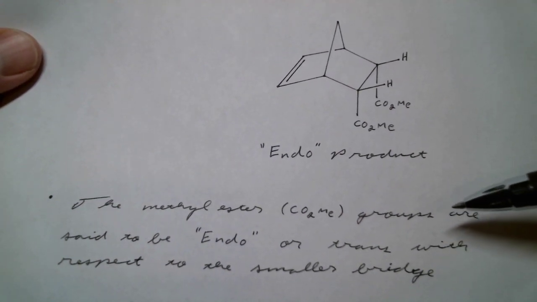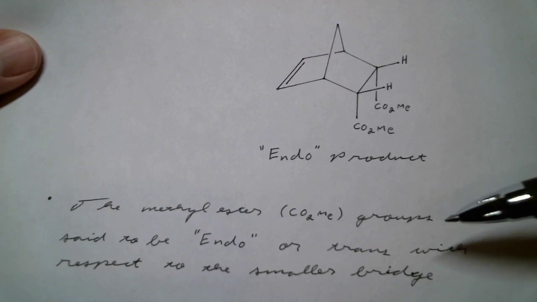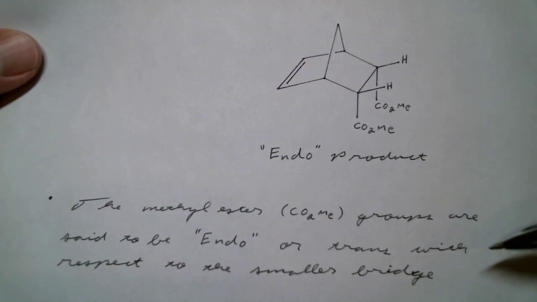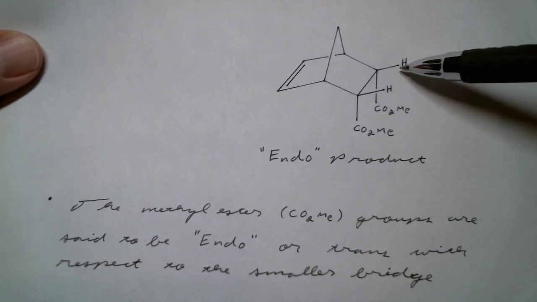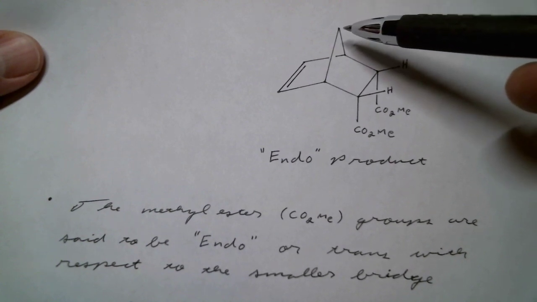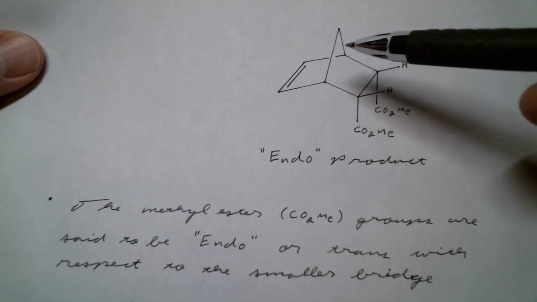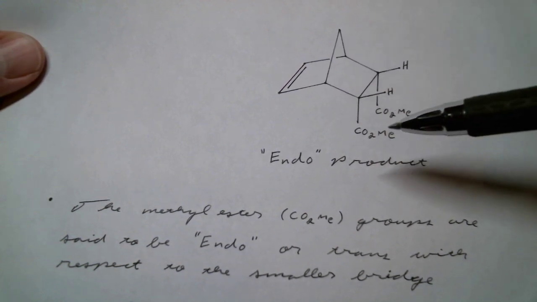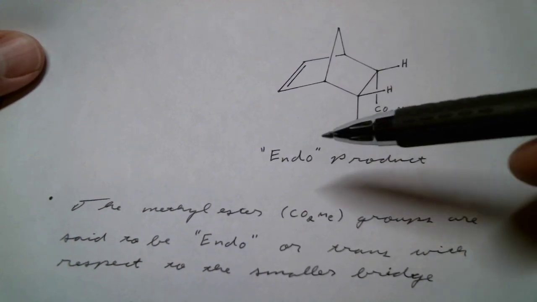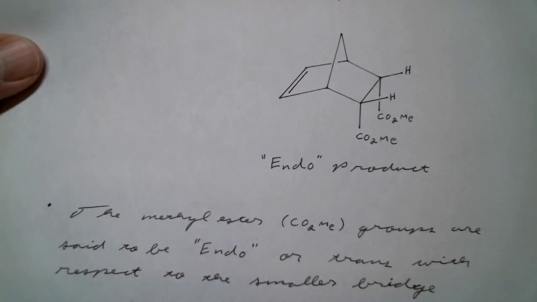So like I said, the methyl ester groups are said to be endo, or the hydrogens are cis to the smaller 1-carbon bridge, but the methyl ester groups are trans to that 1-carbon bridge. And yeah, Endo Rule.